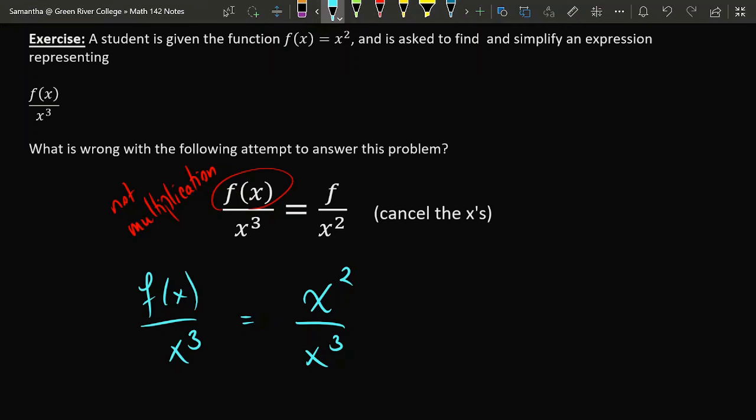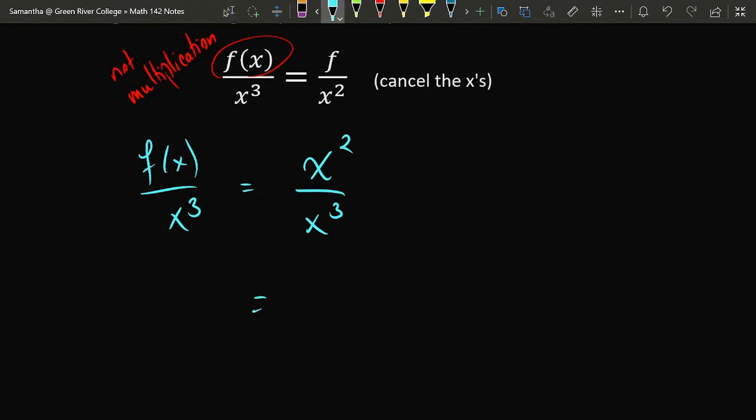So now I have a common factor of x squared in the numerator and in the denominator. The numerator is equivalent to 1 times x squared, the denominator is the same thing as x times x squared. I have the common factors of x squared that I can cancel out, and that leaves me with the expression 1 over x.